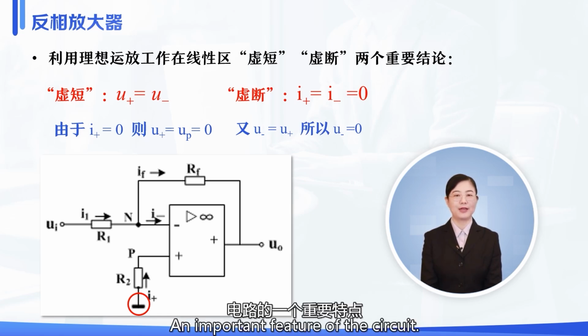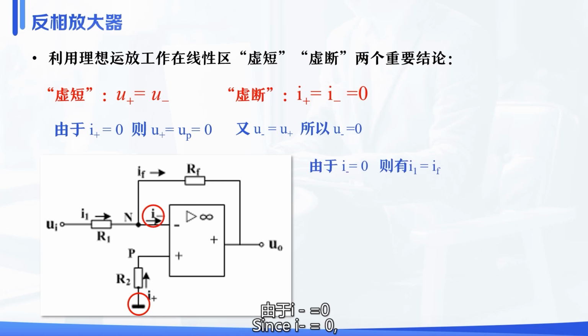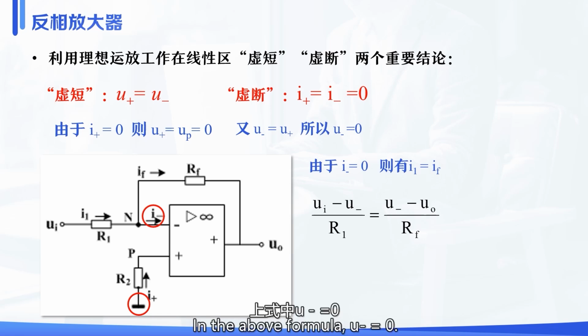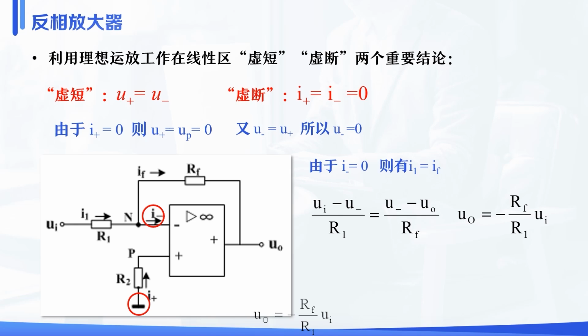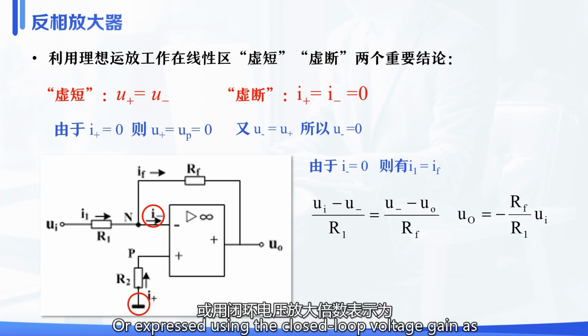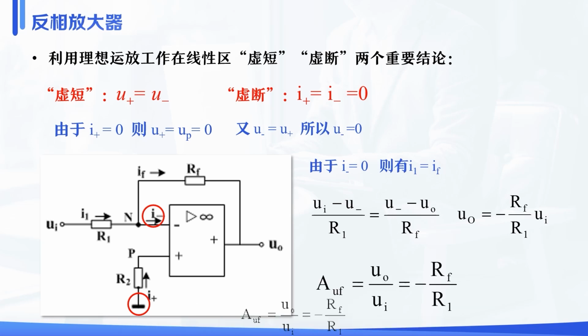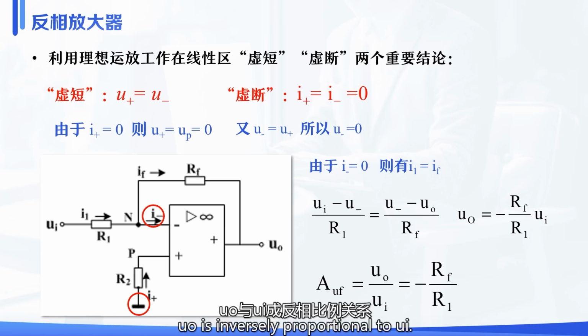It is an important characteristic of the inverting input operational amplifier circuit. Since I minus equals 0, I1 equals IF. That is this formula. In the above formula, U minus equals 0. From this, we can obtain this formula, or express it using the closed-loop voltage gain as this formula. The above formula indicates that UO is inversely proportional to UI.